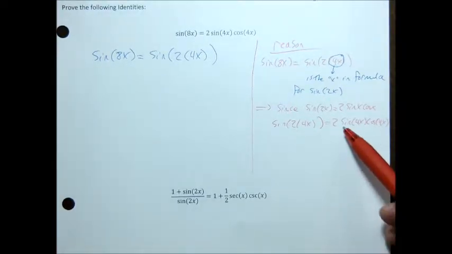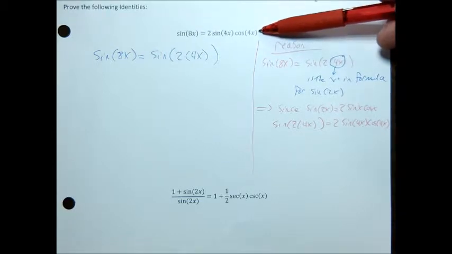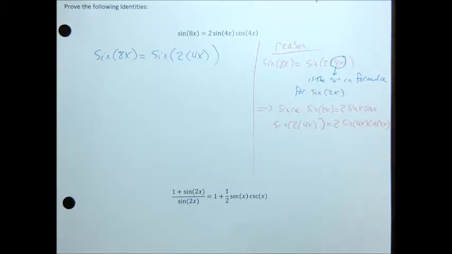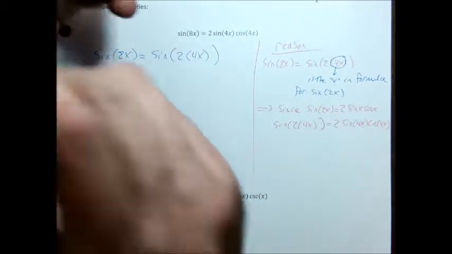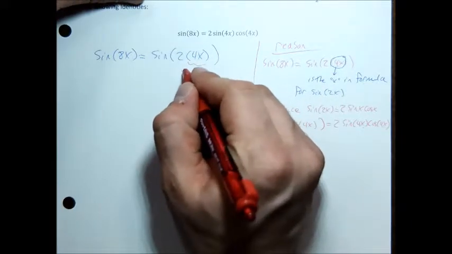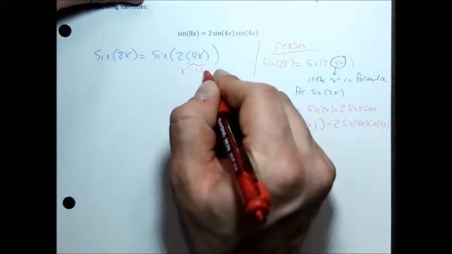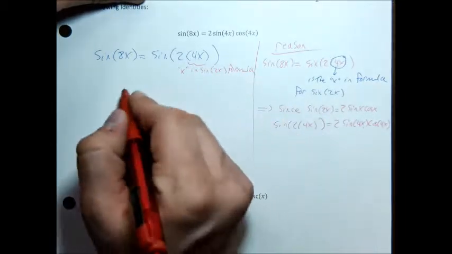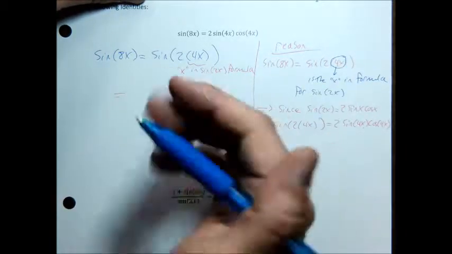Which is exactly what we want, right? That's what we're trying to get. 2 sine 4x cosine 4x. But we needed to relate it to 2 times something. And so once we see that this is the x, we just get pretty much right to the answer.